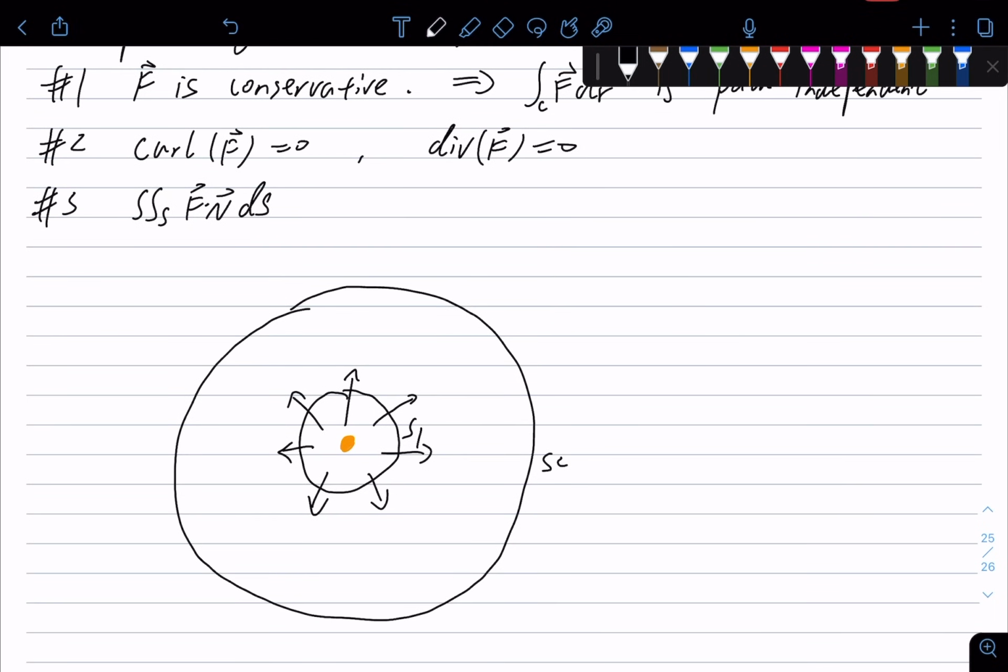I think everybody would agree with me that since there's light flowing through the glass around the light bulb, the surface integral in the vector field is going to be greater than 0 for any closed surface.